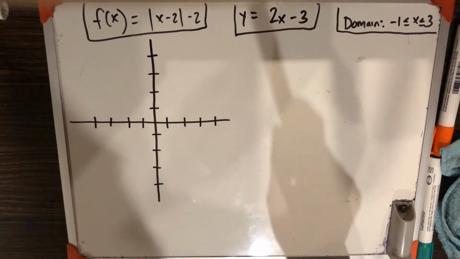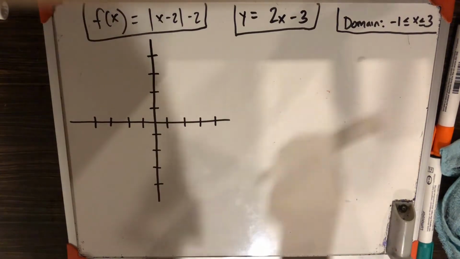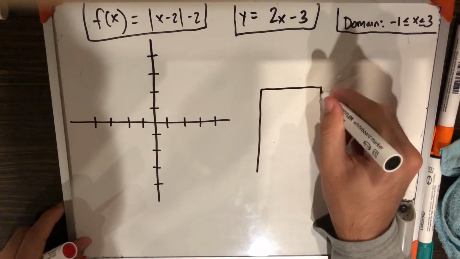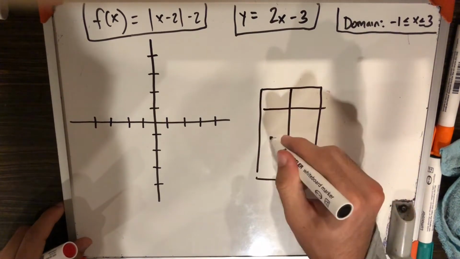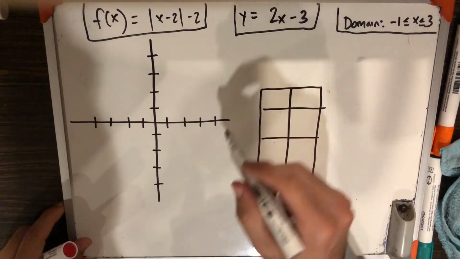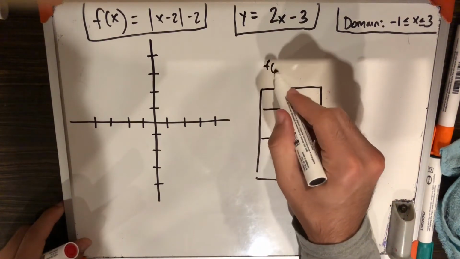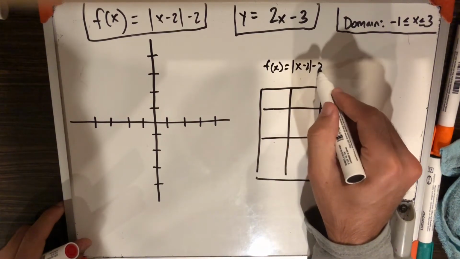So since this is not a quadratic, I can use a table. So feel free to do that, right? Actually, I'll make 2 tables. I'll make one table for f of x is equal to the absolute value of x minus 2, minus 2.